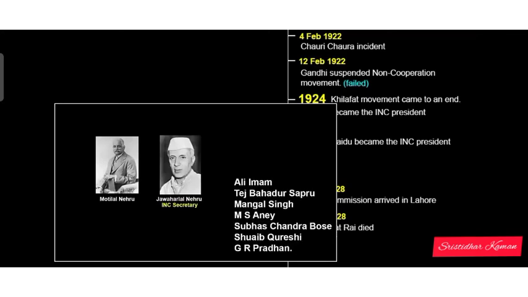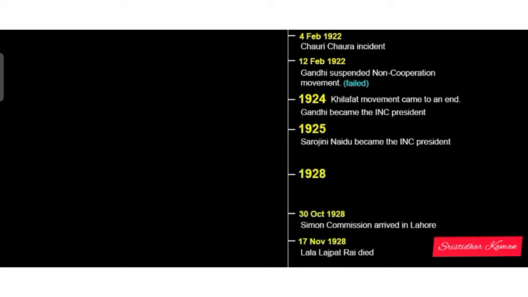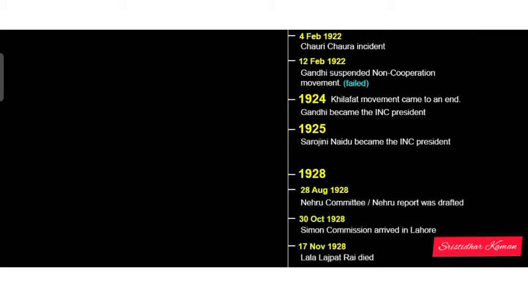This committee was headed by Motilal Nehru, with Jawaharlal Nehru as the secretary. Other members were Ali Imam, Tej Bahadur Sapru, Mangal Singh, M.S. Aney, Subhash Chandra Bose, Shoaib Qureshi and G.R. Pradhan. This draft constitution prepared by the committee was called the Nehru Committee or Nehru Report. It was drafted on August 28, 1928.